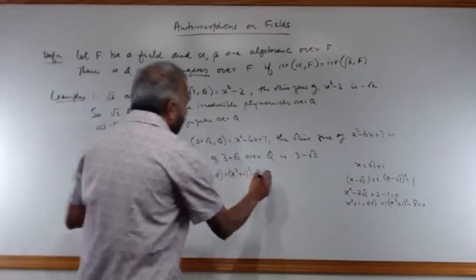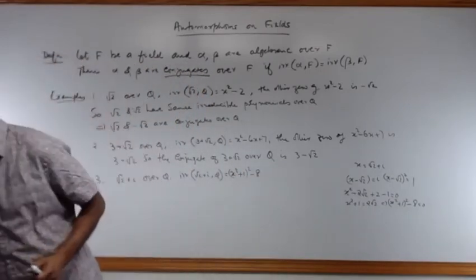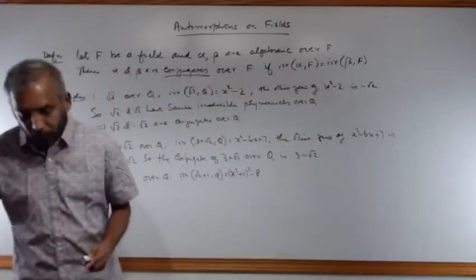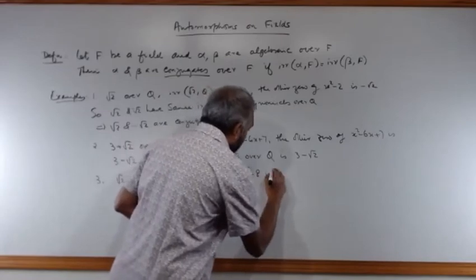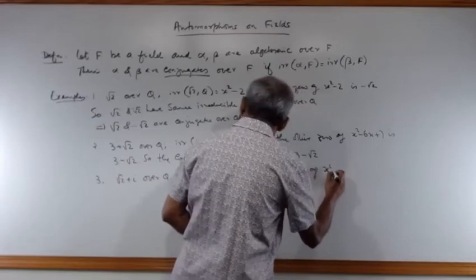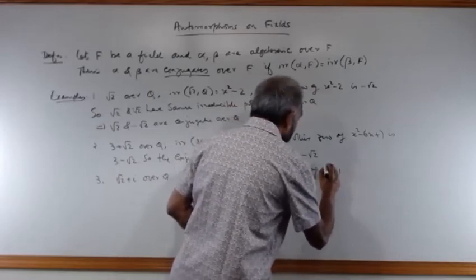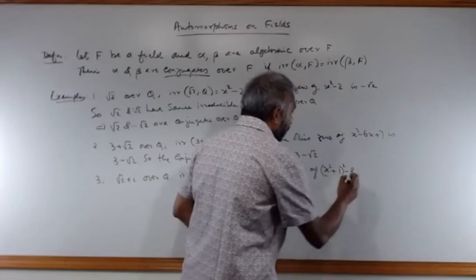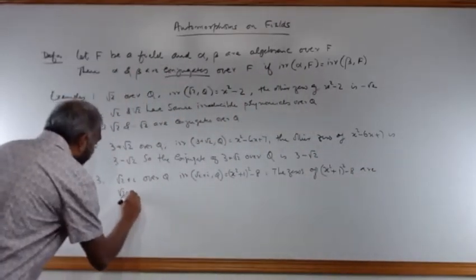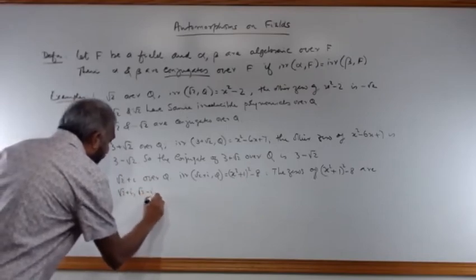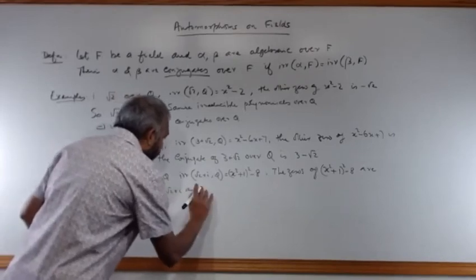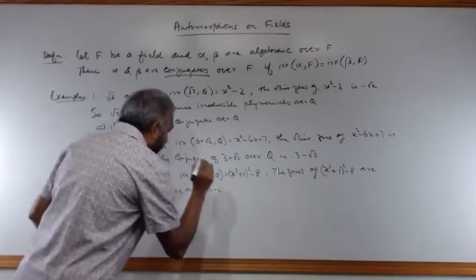And the roots of these equations, or the zeros of this polynomial, are root 2 plus i, root 2 minus i, minus root 2 plus i, and minus root 2 minus i.